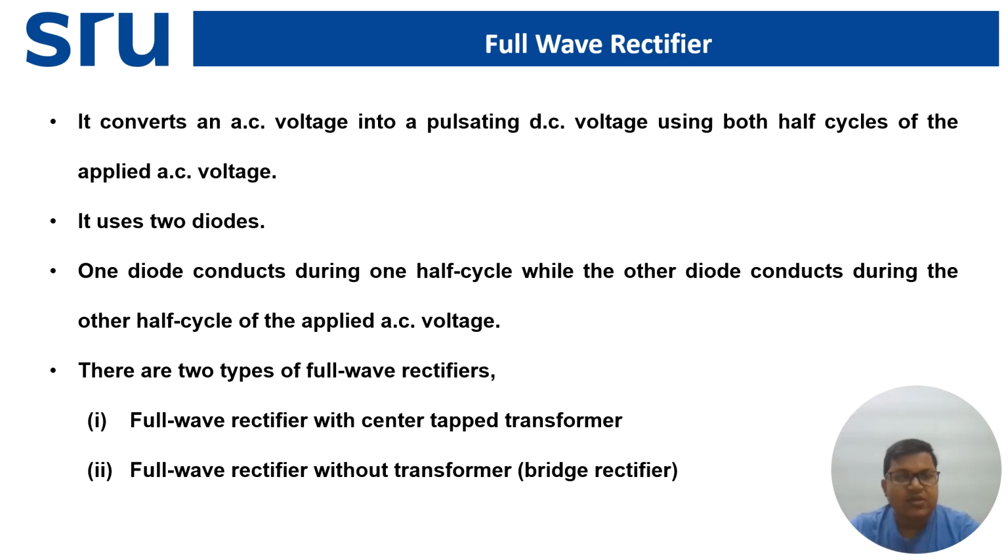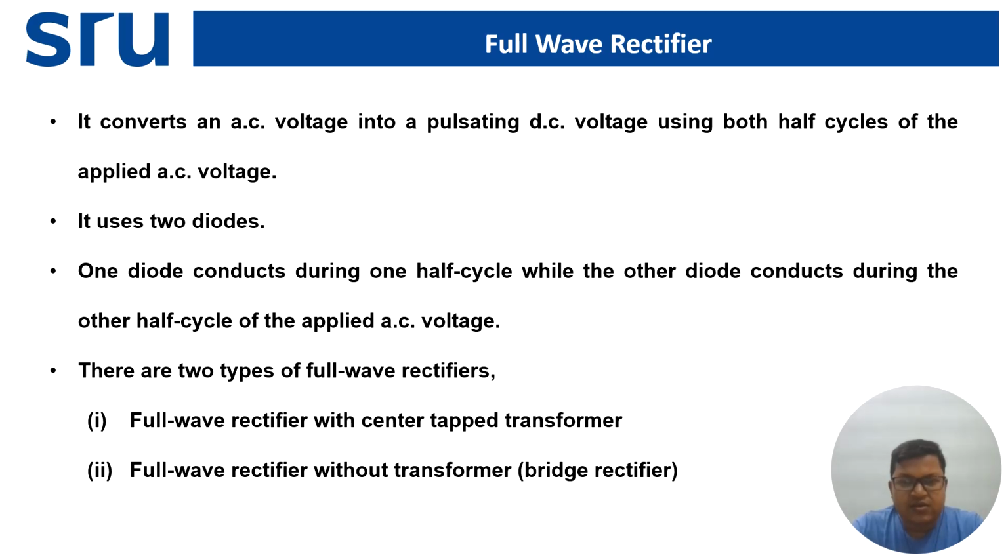So one diode conducts during one half cycle while the other diode conducts during the other half cycle of the applied AC, and we will design the circuit so that for both rectifications, the final output voltage drop across the load resistor will be in the same direction and will be DC in nature.